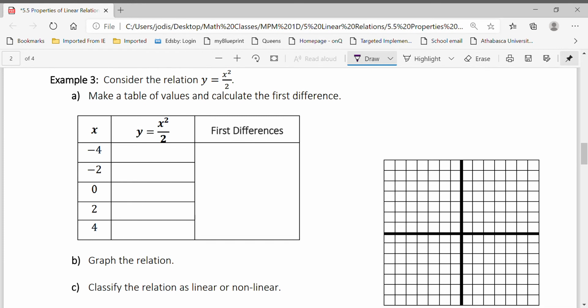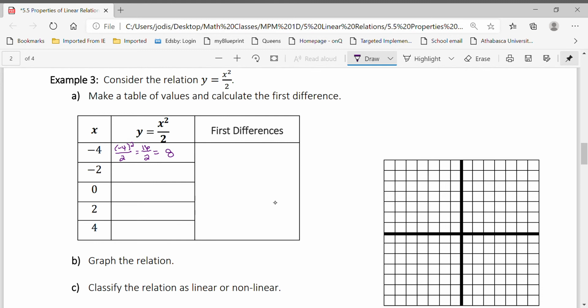So we're going to try example number 3 now. We have this new relation, y equals x squared over 2. Again, we want to plug this in. So we've got negative 4, make sure it's in brackets, over 2. So negative 4 squared is 16 over 2, which is 8.